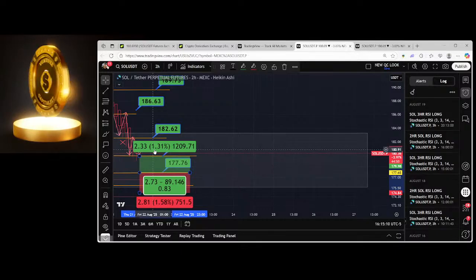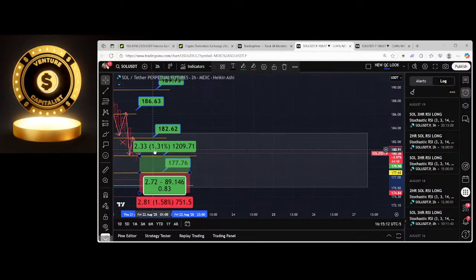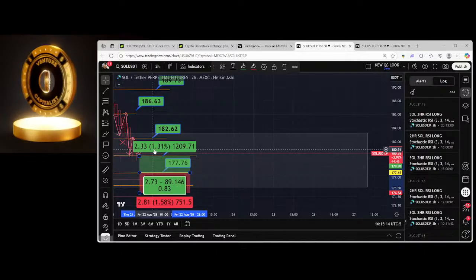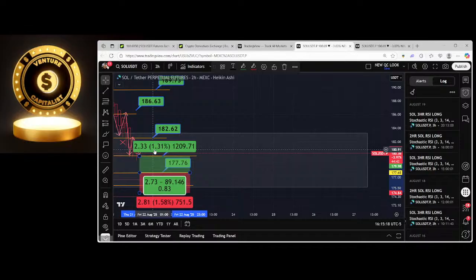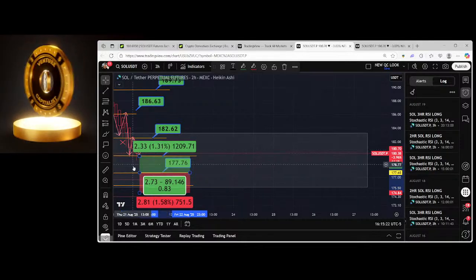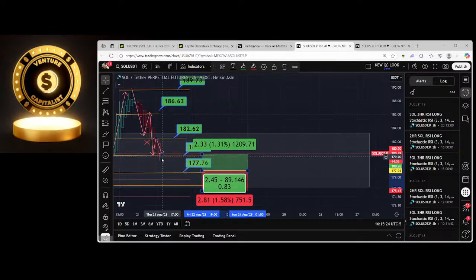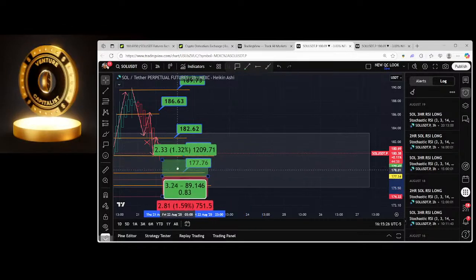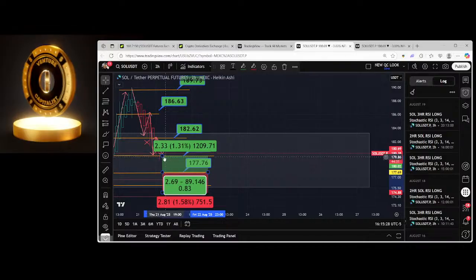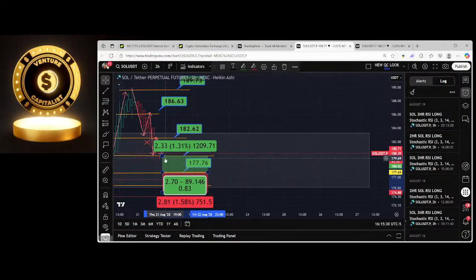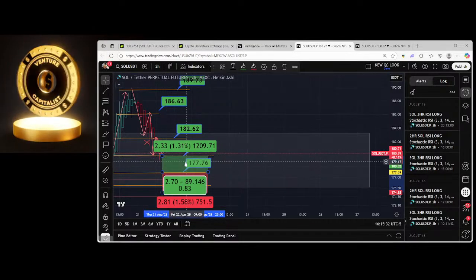Whatever your multiplier is, whatever your margin or leverage is, it's going to be times that. So worst case scenario, if it breaks through and goes down to this next level of 176, you're looking at a 1.3 pullback. If you're doing a 20x leverage, that is a 24% pullback, right?